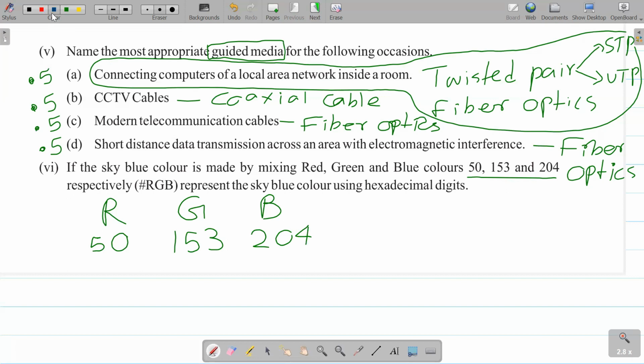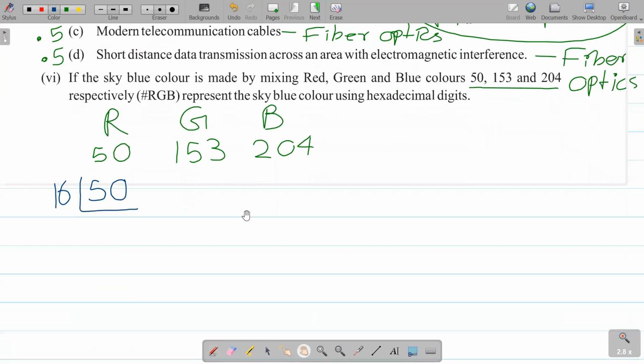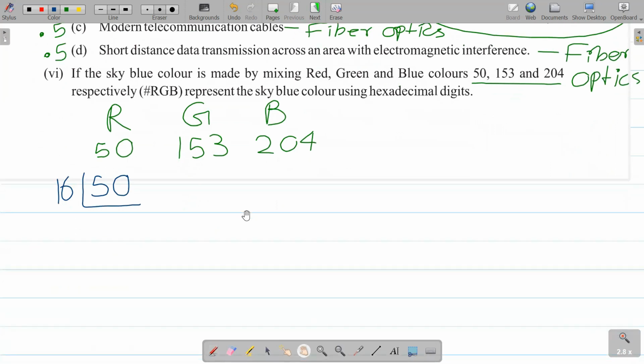You can easily convert these into hexadecimal by dividing by 16. Dividing 50 by 16, there are 3 sixteens and 2 is remaining. Since 3 is less than 16, you stop and write the remainder, so 32.